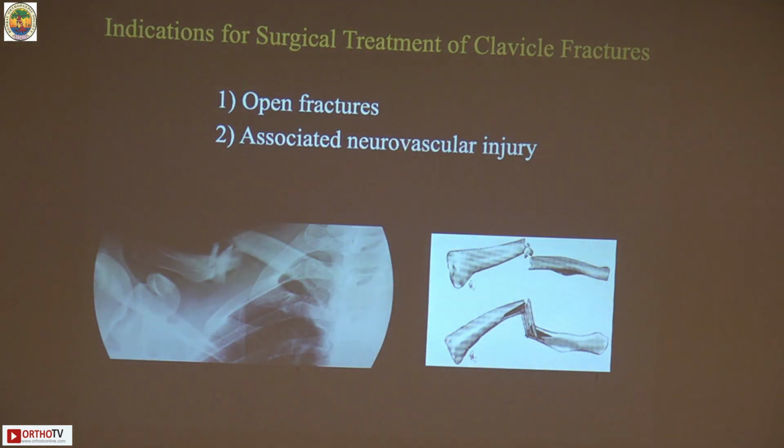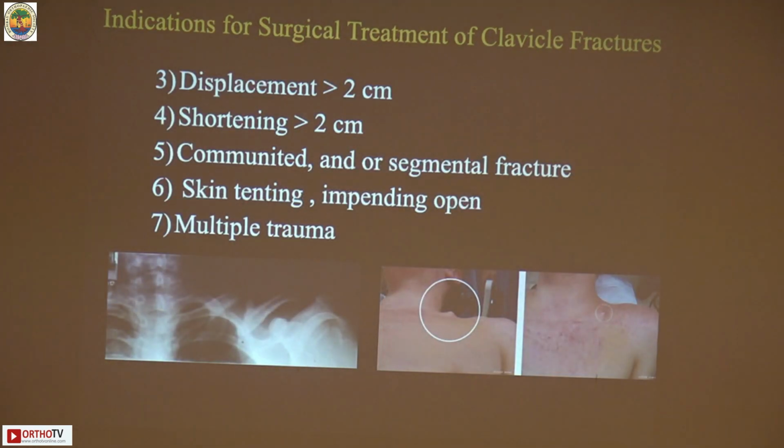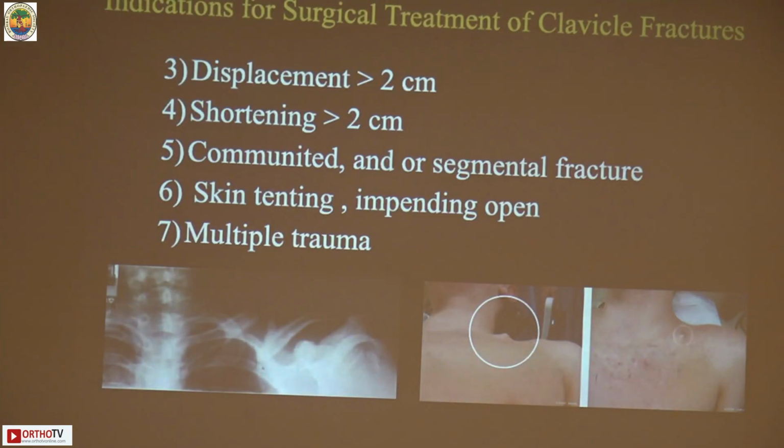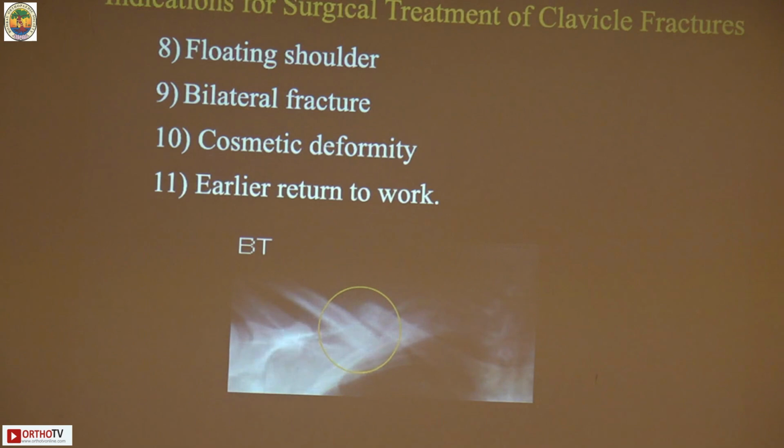Indications for surgical treatment: open fracture, associated neurovascular injuries, displacement and shortening more than 2 cm, comminuted fracture, segmental fracture, skin tenting or impending open fracture, polytrauma, floating shoulder, bilateral clavicle fracture, cosmetic deformity, or earlier return to function.